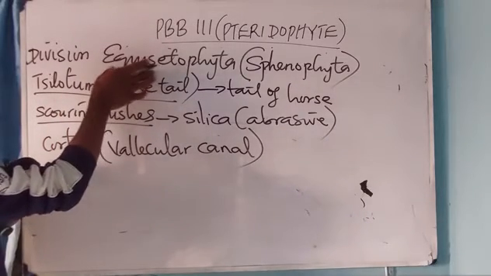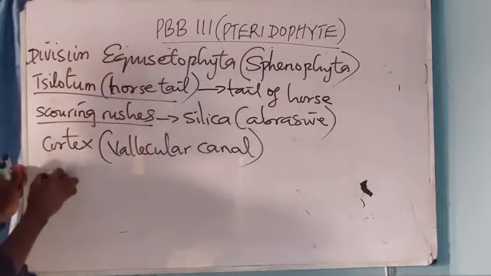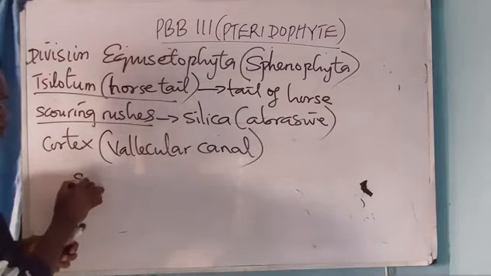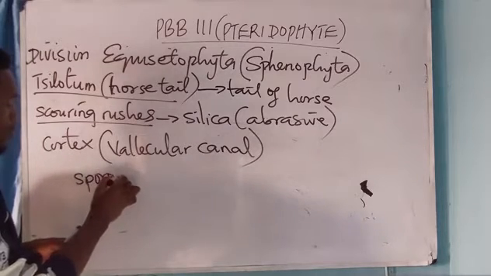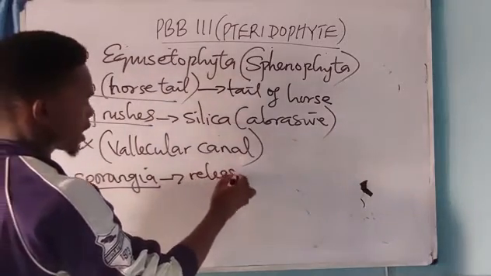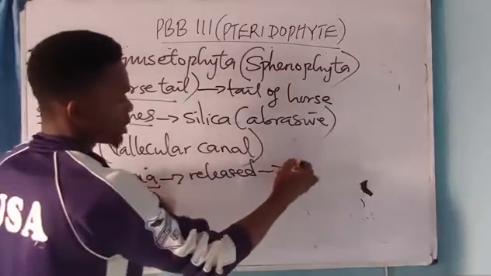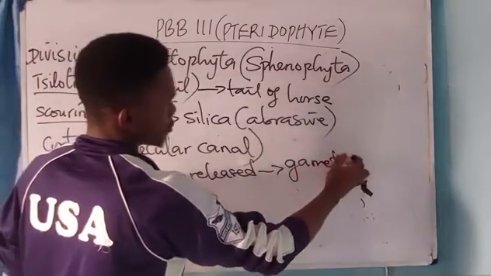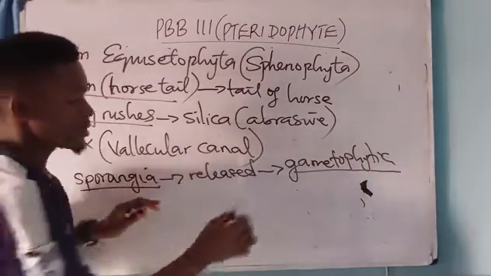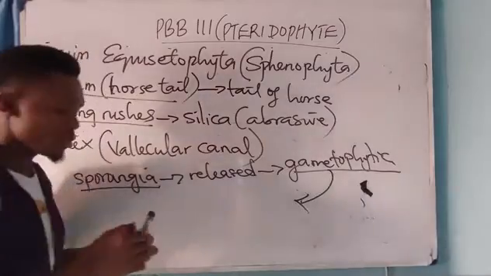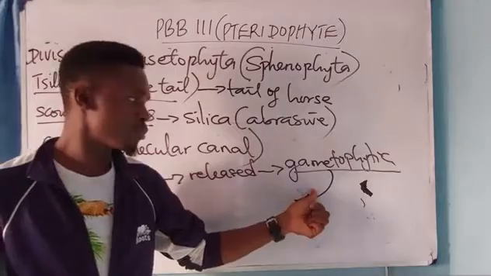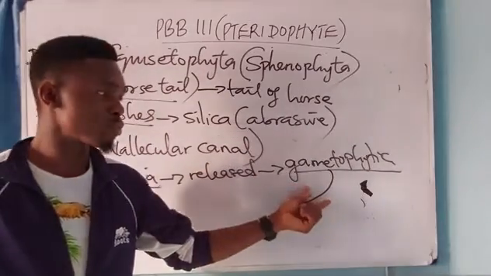So please, the reproduction mode of these plants, they undergo a similar mode of reproduction. Now, the spores in the sporangium will be released. As soon as they are released, they produce what? The gametophytic stage. Now, this gametophyte, I told you, always contains the male Antheridia and the female Archegonia. Now, the Antheridia will produce what? The sperm, and the Archegonia will produce what? Egg.